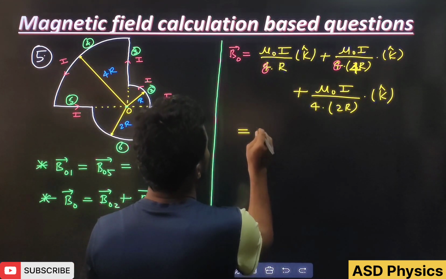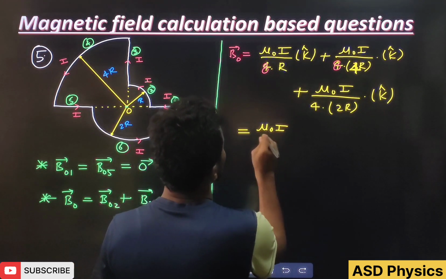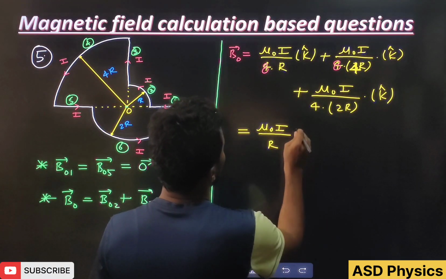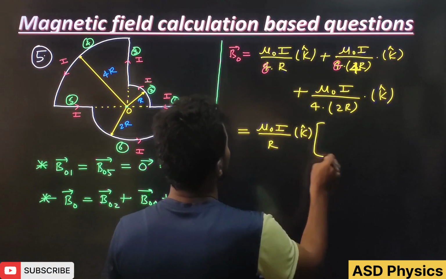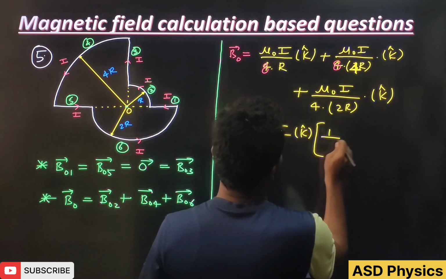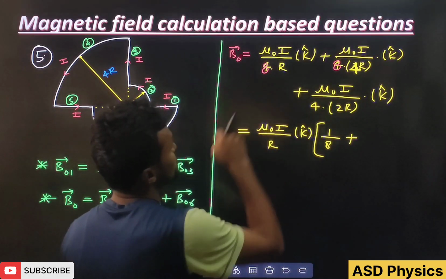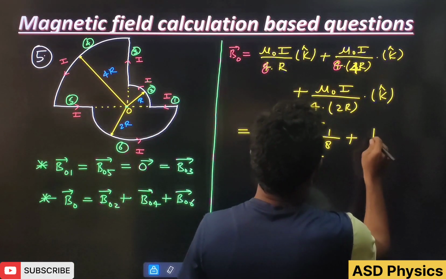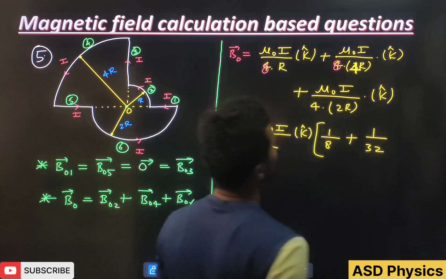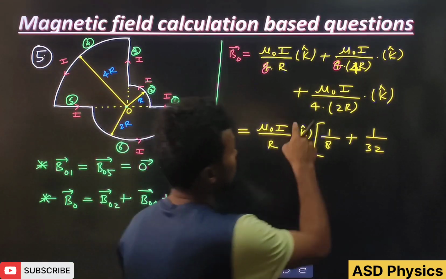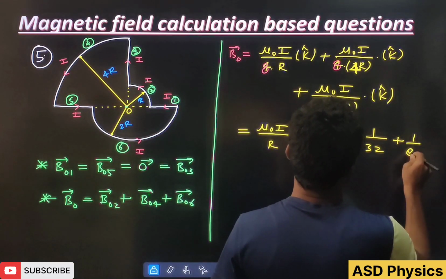Now what we are going to do? We are just going to simplify this. So see, mu naught I by R into K cap here. Now we have taken it outside. So what will this become? 1 by 8. Here how much? 1 by 32, because 8 into 4 is 32. And here also 1 by 8.